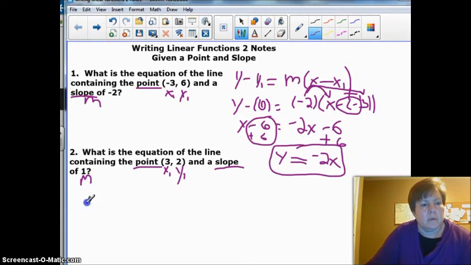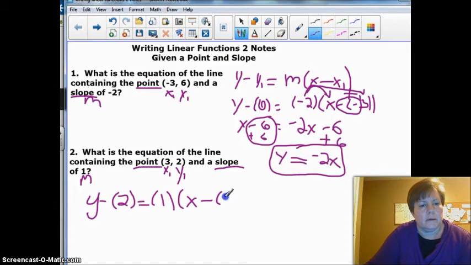So we can begin writing y minus, and then we're going to replace y1 with 2, equals m, which we're going to replace with 1, then times x minus x1, which is in this case 3.